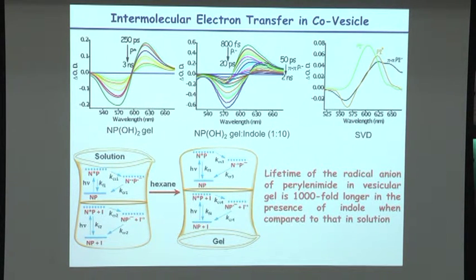So this strategy has that disadvantage: both the charges will not get delocalized as efficiently as each other. Only one will be delocalized. But you can do the same thing, make a vesicle of an indole and mix them together, which is something that we can attempt. We haven't thought about it so far. Now that you are asking, probably we will try to experiment.